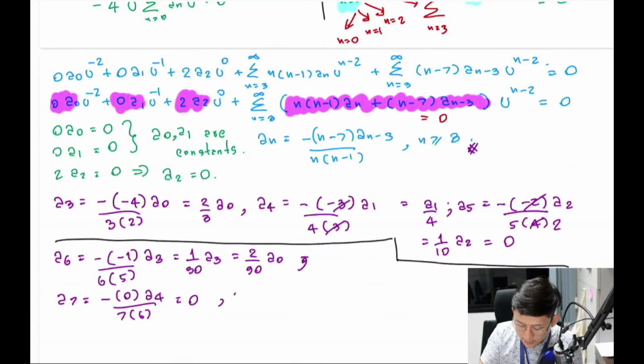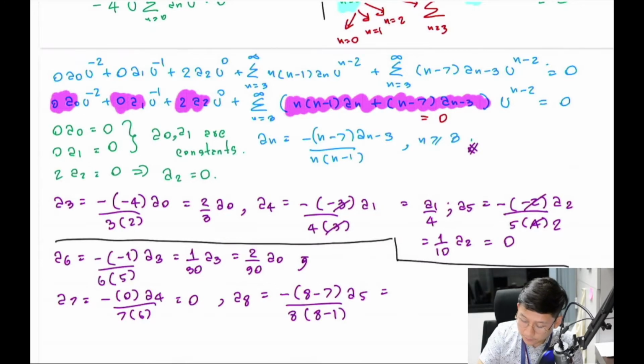And A8 would be minus (8 minus 7) divided by 8 times (8 minus 1), A5, but A5 is 0 here. It means that this guy is 0 as well.